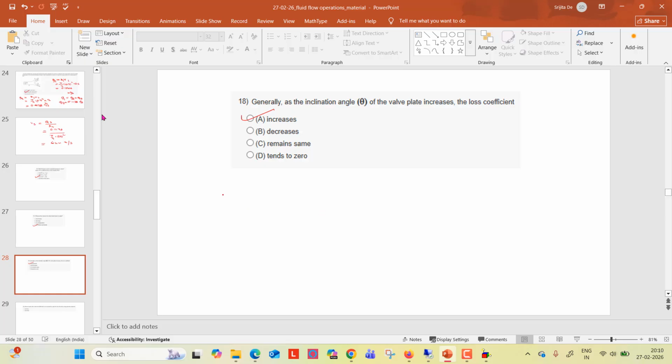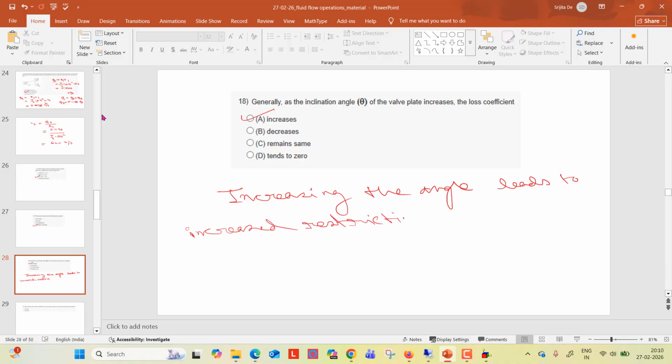So increasing the angle leads to increased restriction in flow. So that will again increase the energy loss.